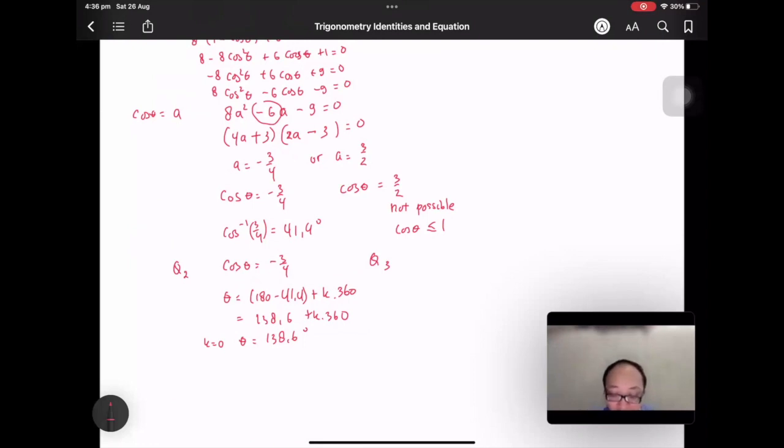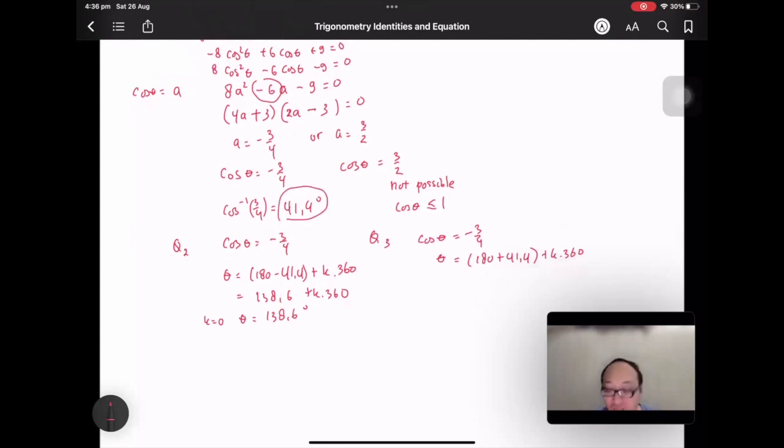For the third quadrant, cos theta equals negative 3 over 4, so theta will be 180 plus 41.4, that is, 180 plus the angle in the first quadrant. So this is greater than 180, equal to 221.4 plus k times 360.